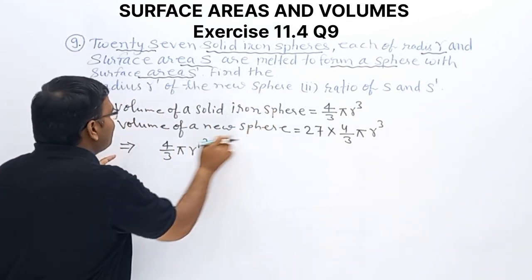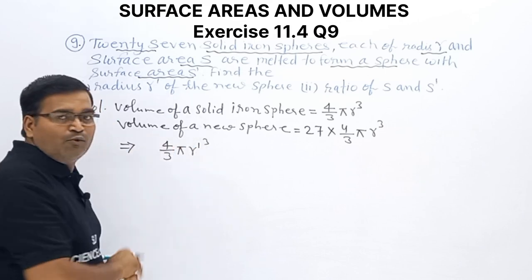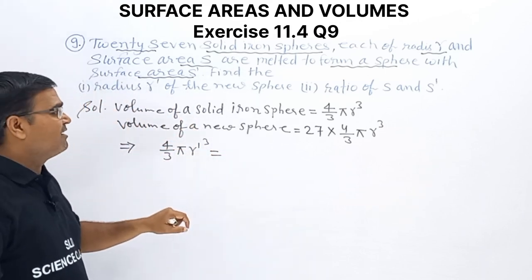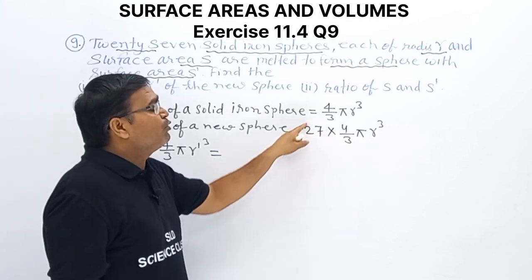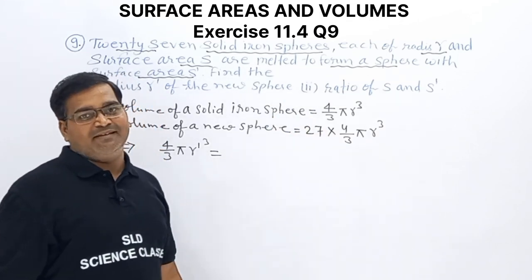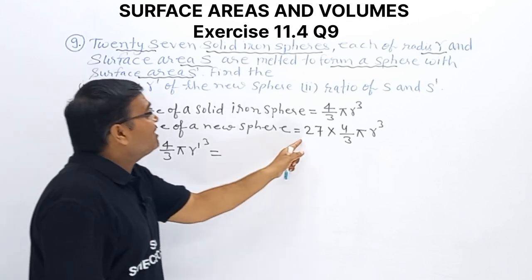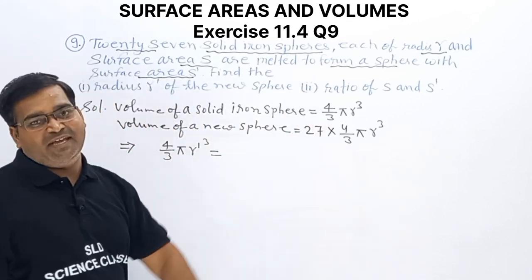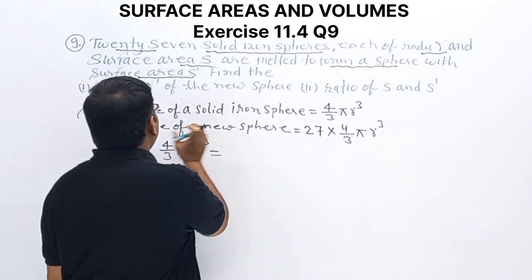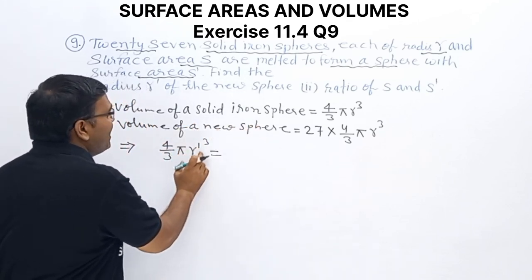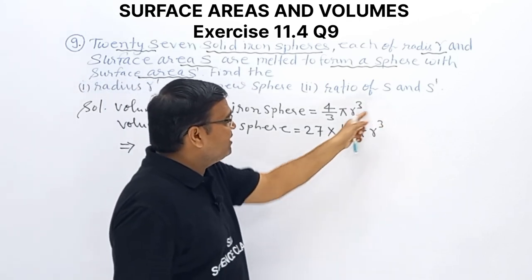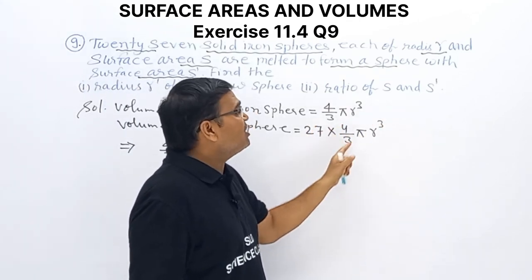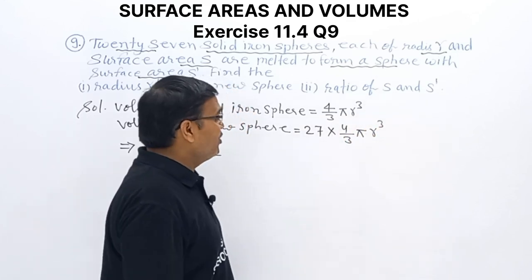So the volume of the new sphere is 4 upon 3 pi r dash cube, which will be equal to the volume we get once we melt 27 solid iron spheres. The new sphere's radius will be r dash. All the given 27 solid iron spheres have radius small r.